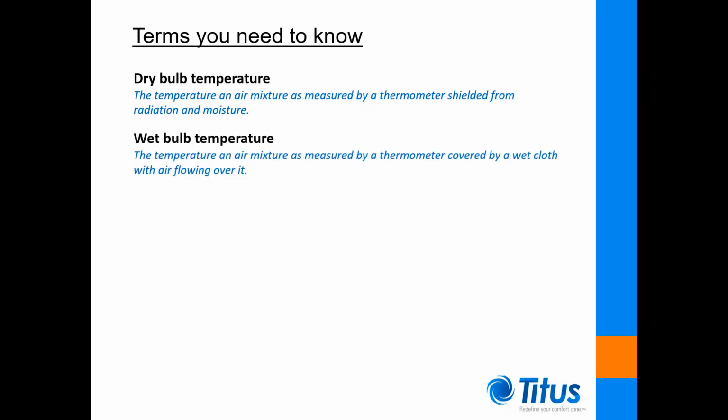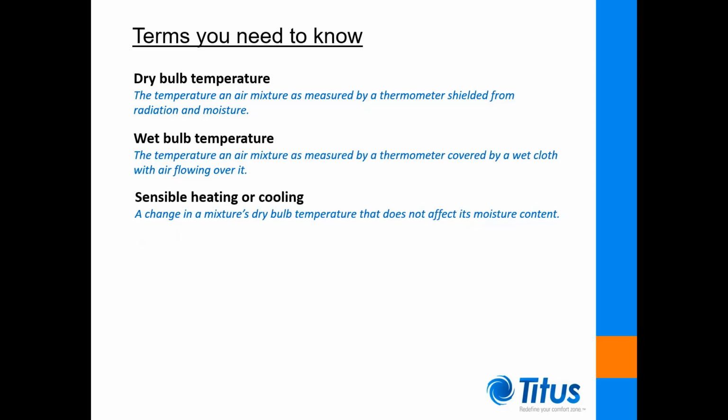Wet bulb temperature is that read by a thermometer whose bulb is covered by a water-soaked cloth over which air is passed. The adiabatic evaporation of water from the cloth transfers heat to the airstream, which renders the cloth's surface temperature lower than the dry bulb temperature of the air passing over it.